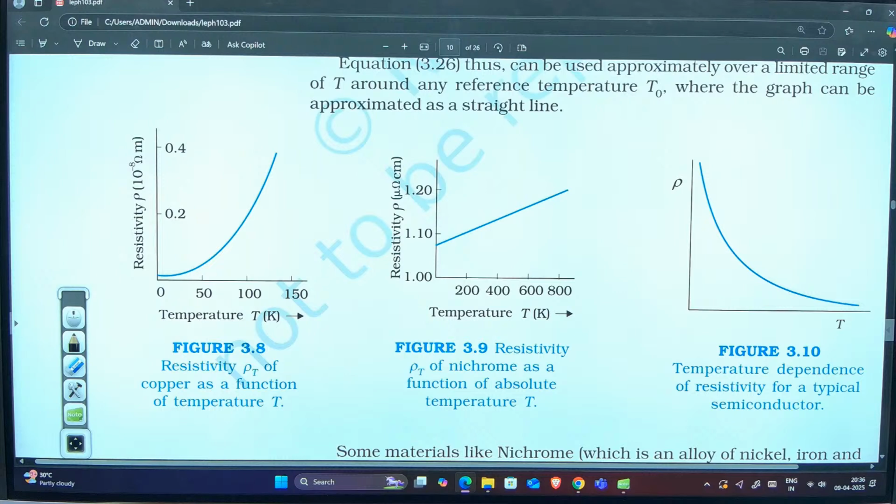Don't forget to mention temperature on the x-axis and resistivity rho on the y-axis. I hope you have copied. Can we come to the exercise questions now? Conductors, alloys, semiconductors. Shall I go to the questions now?